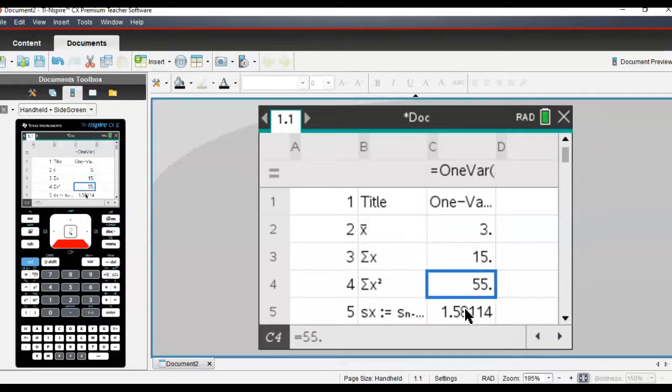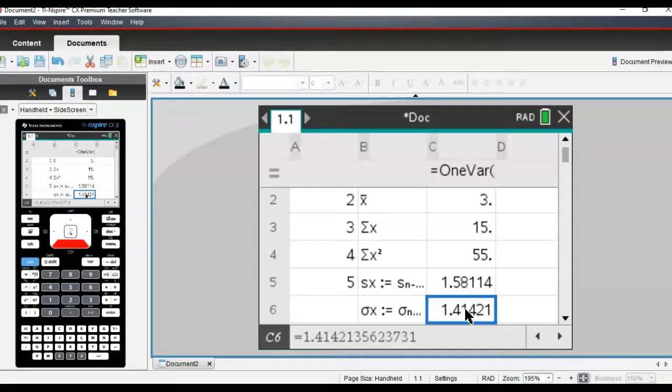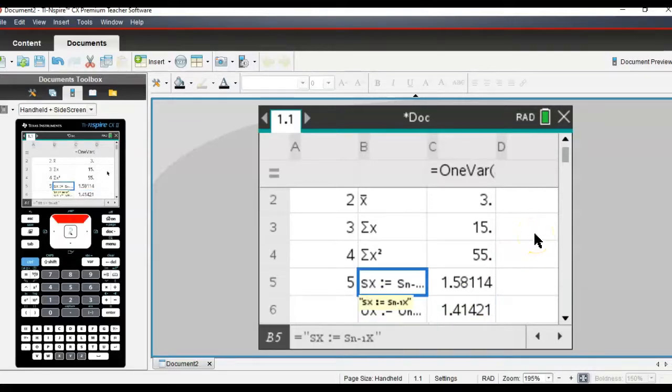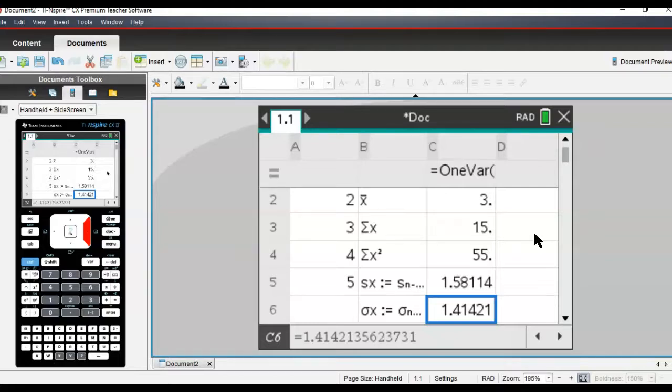All kinds of crazy stuff, bits and pieces of formulas. Hey, look at that. That's an S. That's a sigma. S, sigma. Ooh, 1.41. Isn't that what we just got? Hey guys, if we run one variable stats on our list of numbers, one of the things that it'll crank out for us is the standard deviation.